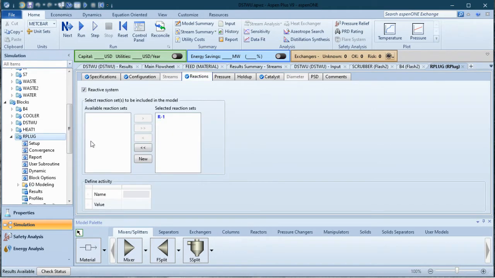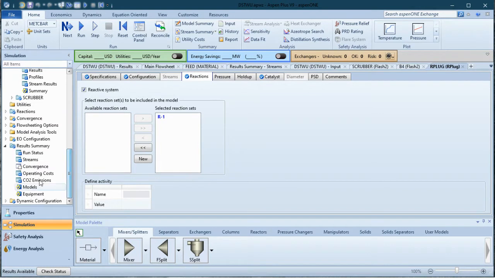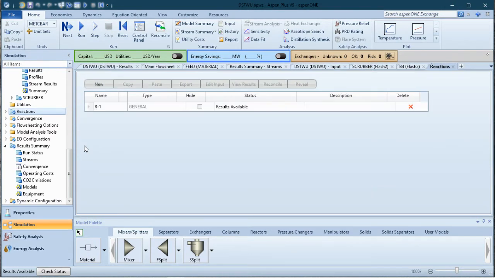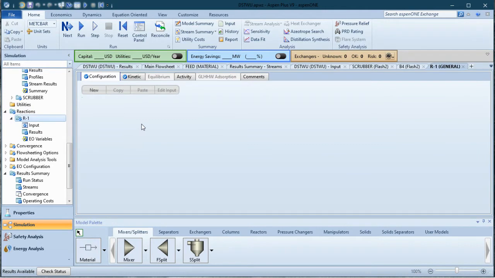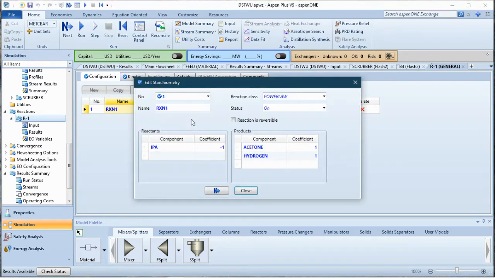This is our reaction 1. We key in the reaction. For reaction 1, the reaction class is power law.